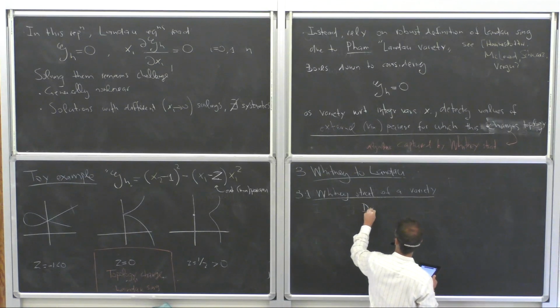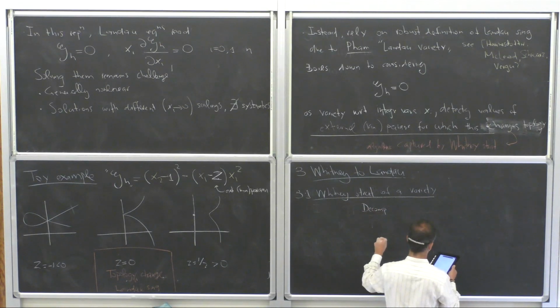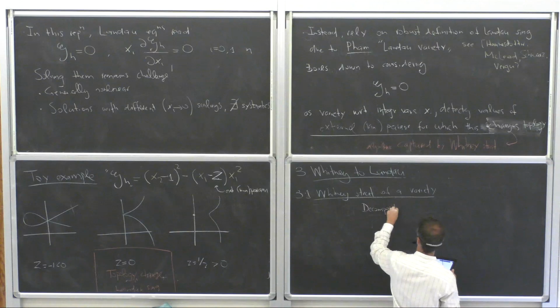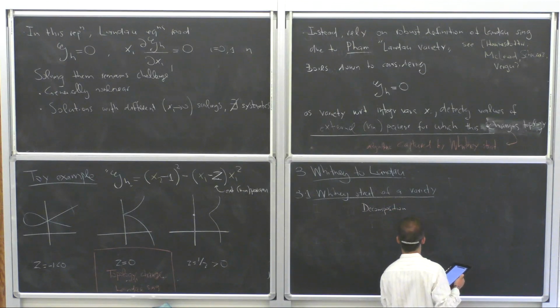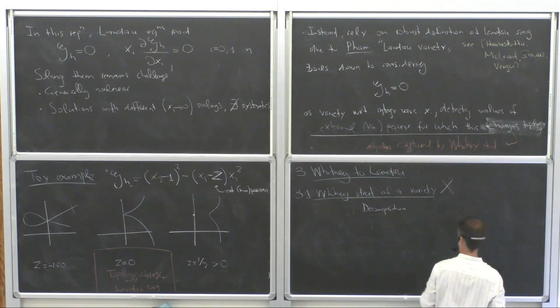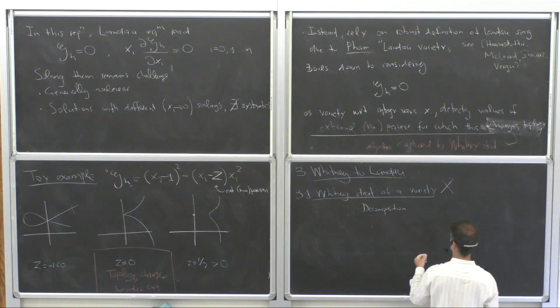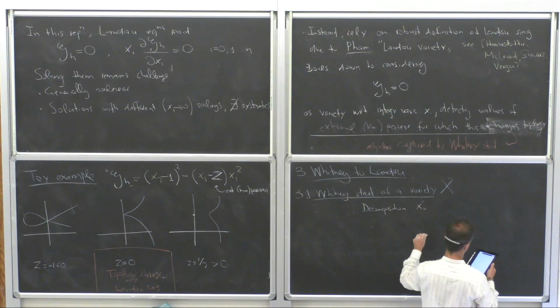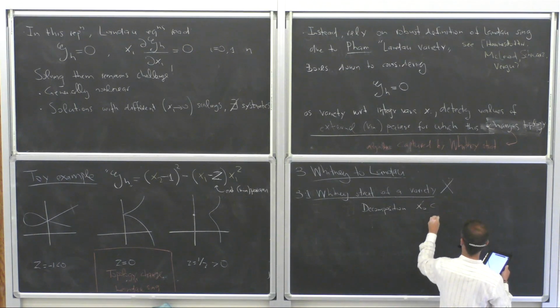So a stratification is, for physicist standards, a decomposition of, let's call the variety X, a decomposition of X into subvarieties.